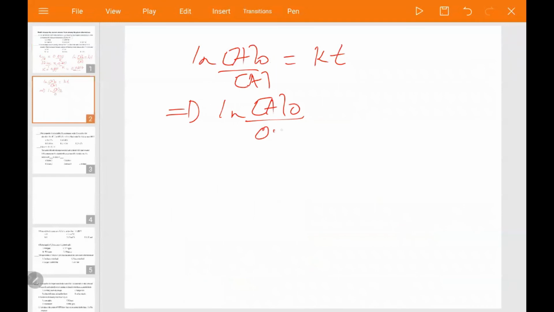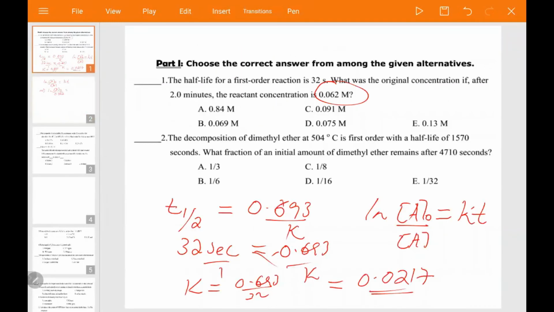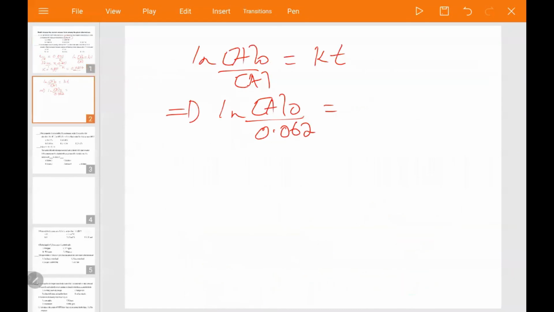So ln A naught over 0.062 is equal to K, which is 0.0217, times T. T is 2 minutes, which must be in seconds. 2 minutes is 120 seconds. Then we can find A naught.